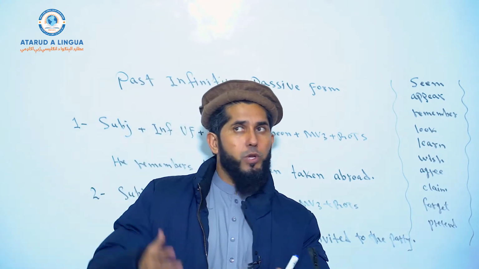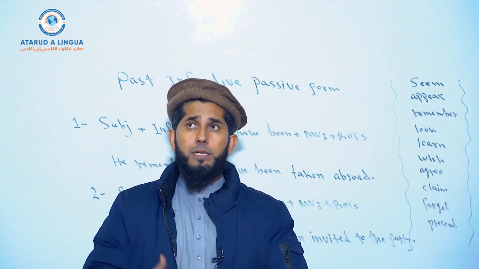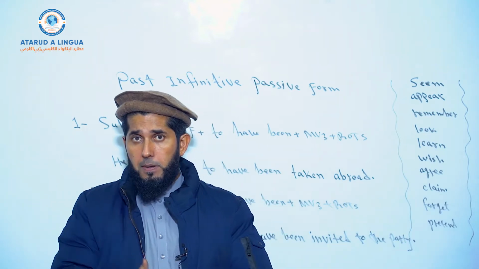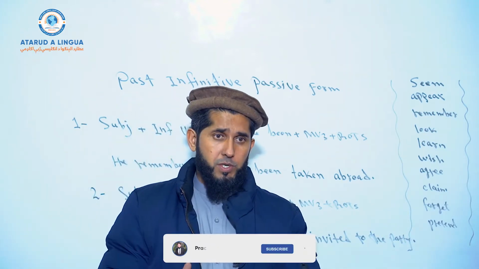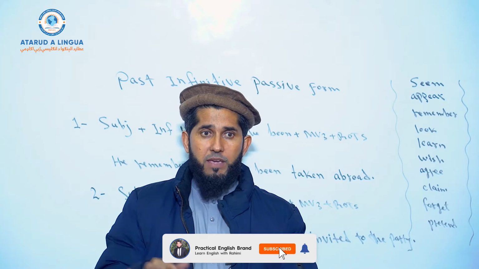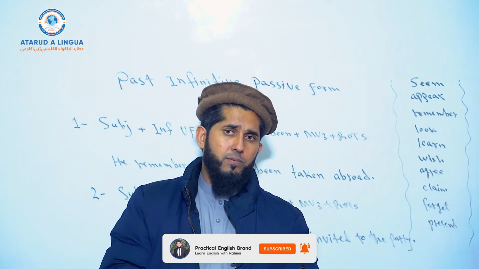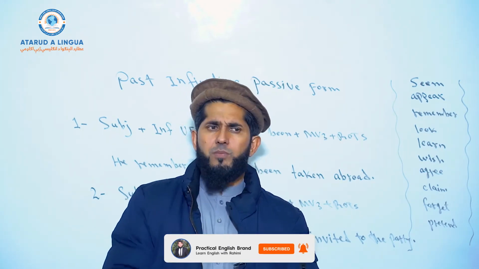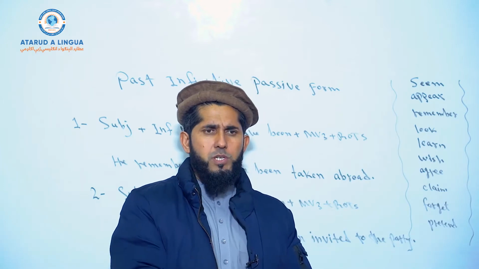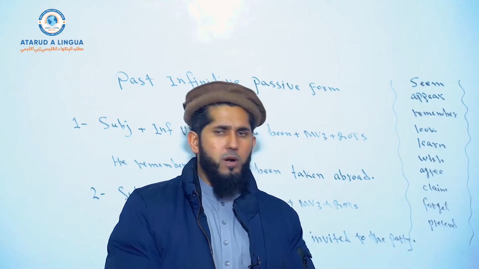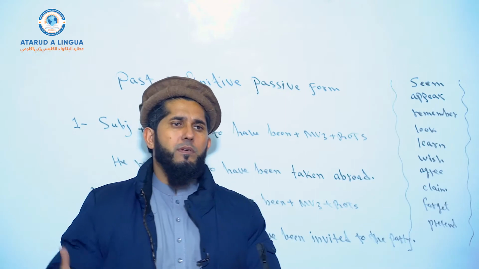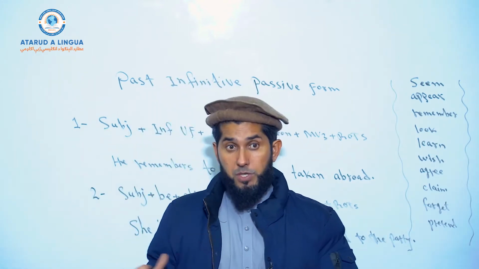She wishes, or he wishes not to have been given the wrong information. See, somebody gave him or her a kind of wrong information about something, and now he or she wishes, at present time, present remark, that they were not given that kind of wrong information.